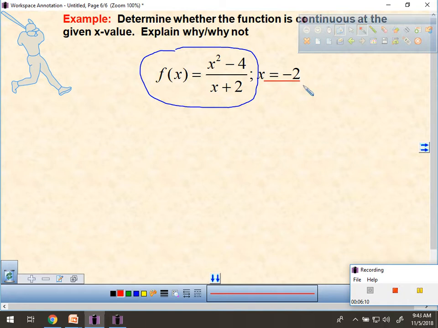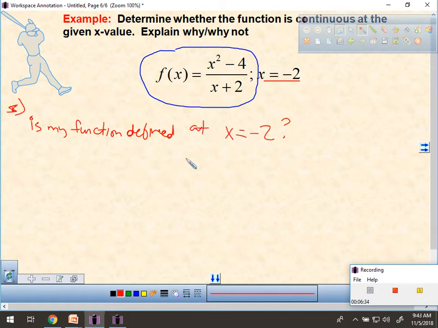Well, the first thing I'm going to do is I want to know if my function is defined. So is my function defined at x equals -2? That's my first question.